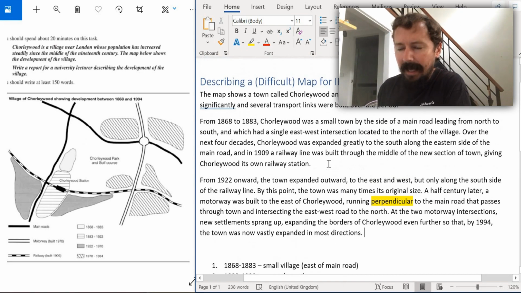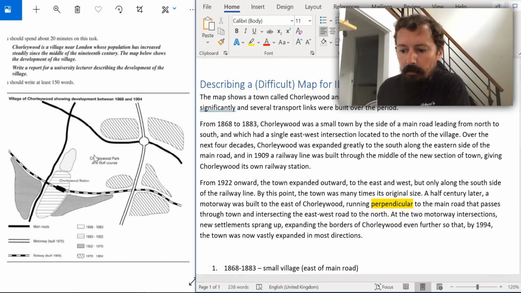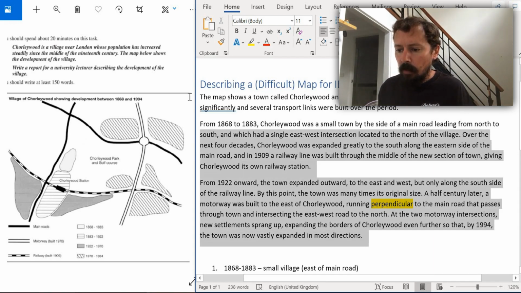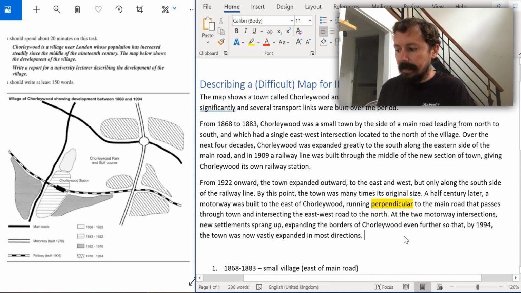So that's basically everything we need to say, but I see one more thing. Right in the middle here, we see Charliewood Park and Golf Course. So that's worth mentioning, perhaps. So I think, even though this has been quite a long description, 198 words, I'm going to write one last sentence then.